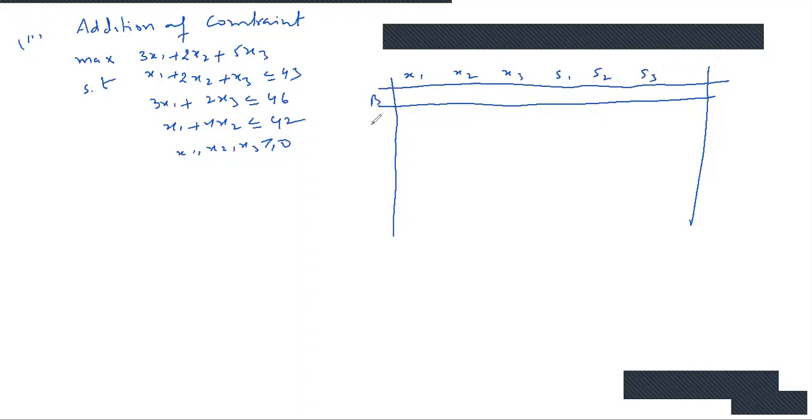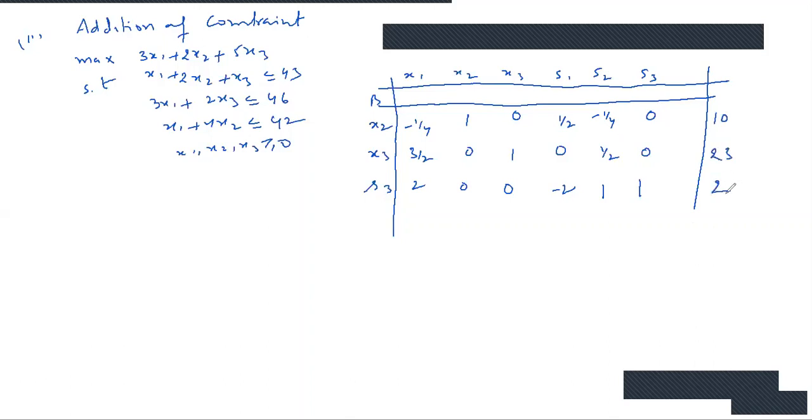My present basis is again x2, x3, s3. The rows are minus 1 by 4, 3 by 2, 2, 1, 0, 0; 0, 1, 0, 1 by 2, 0, minus 2; minus 1 by 4, 1 by 2, 1, 0, 0, 1, and my right hand side is 10, 23, and 2. So what is my Zj minus Cj? It is 4, 0, 0, 1, 2, 0.